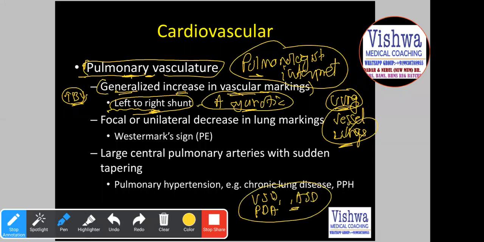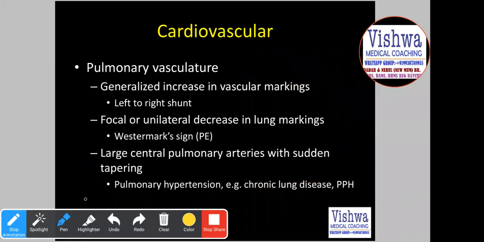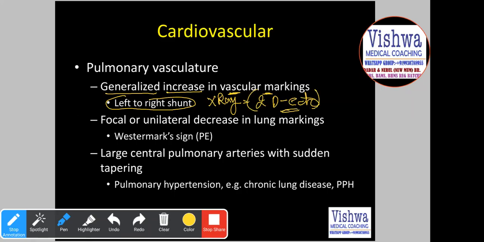All those shunts, VSD, PDA, ASD, give a generalized increase in the pulmonary vasculature. If it's a generalized increase in the vasculature of the lungs, think about a shunt in the heart. So with this X-ray, you may order 2D echocardiography to diagnose it.